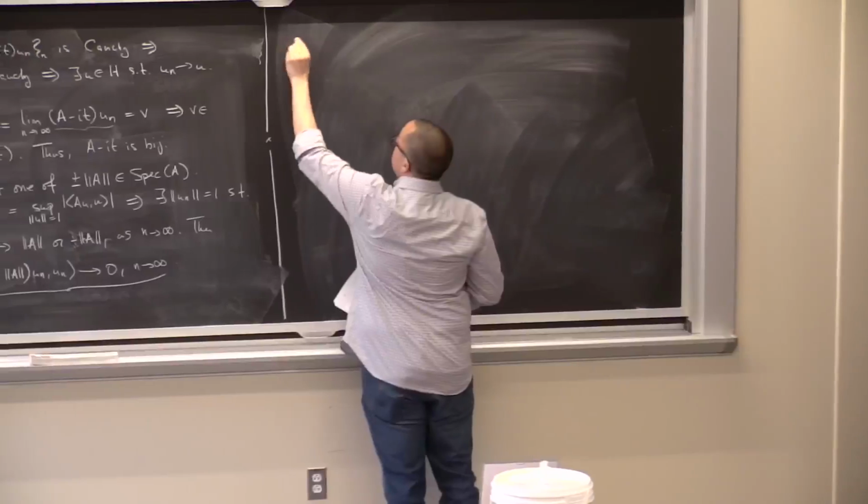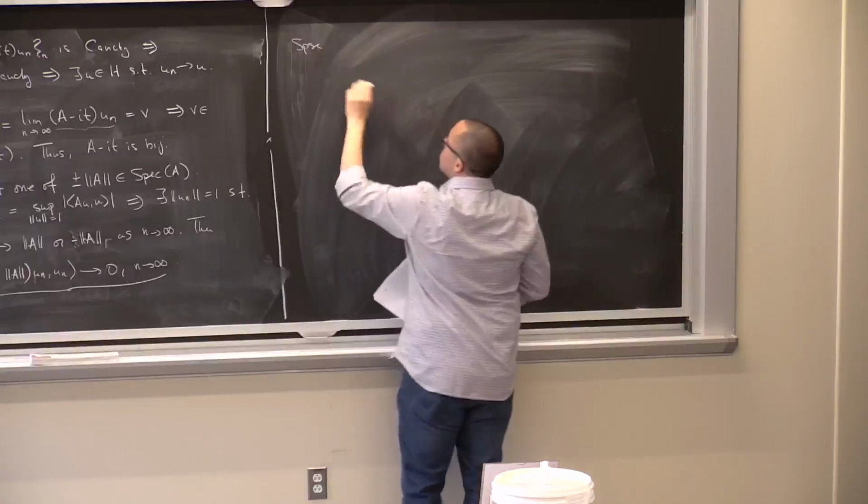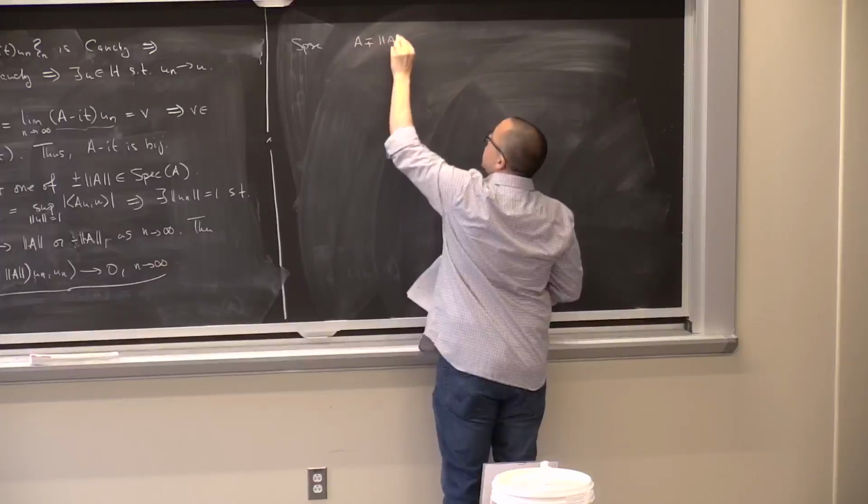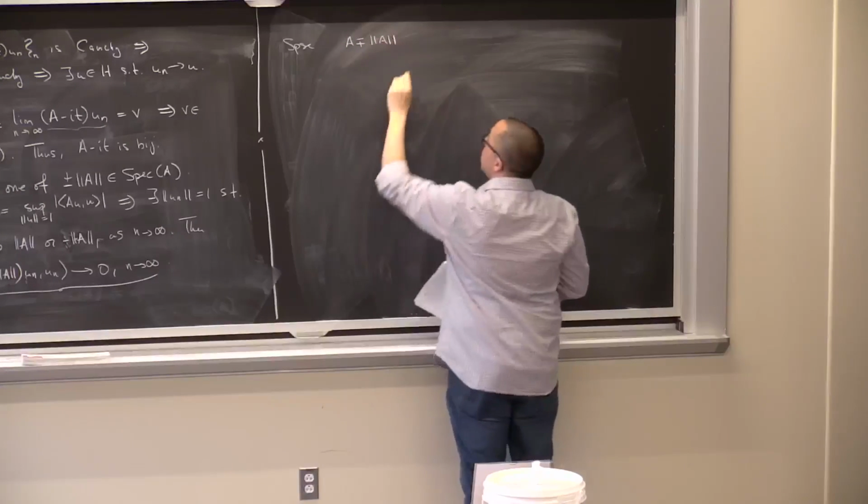So suppose instead that A minus plus norm of A, whichever one appeared, is invertible.